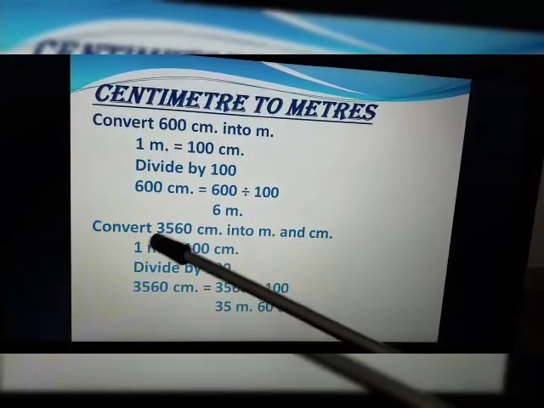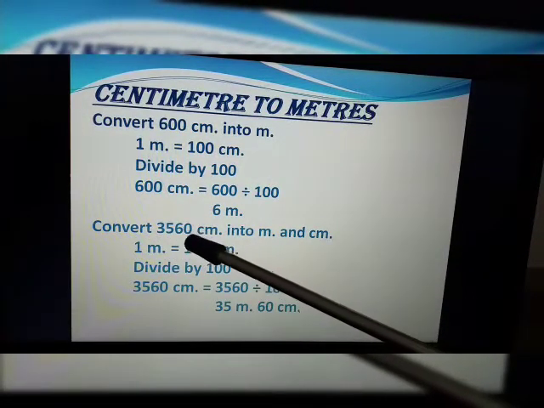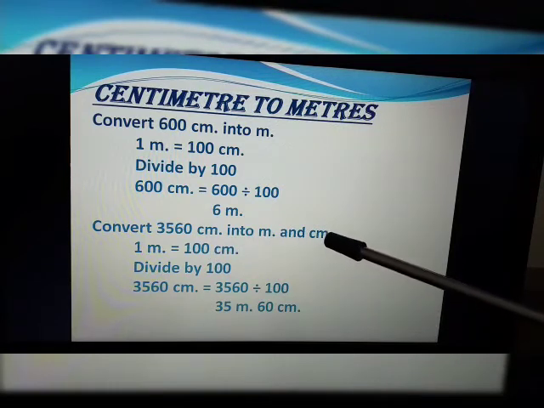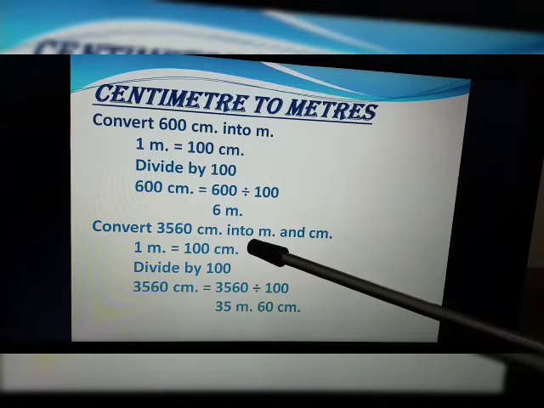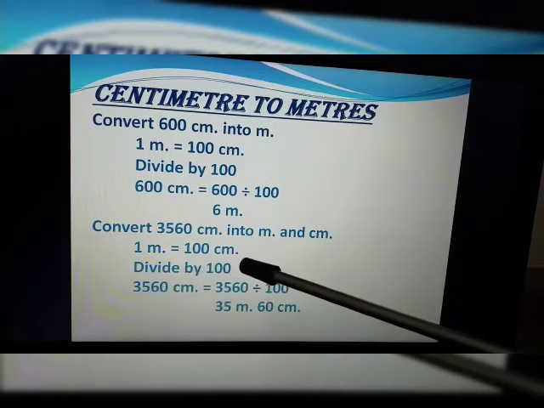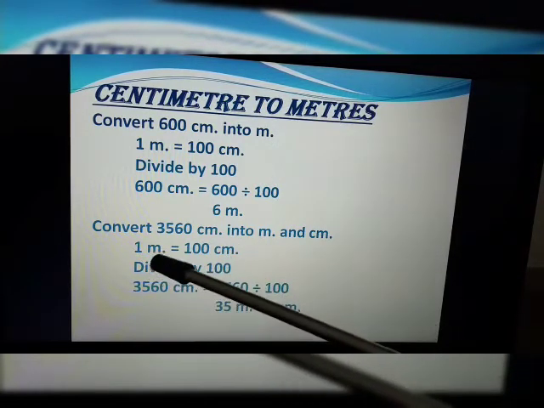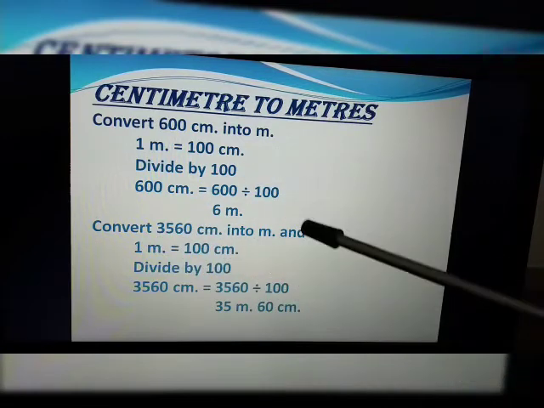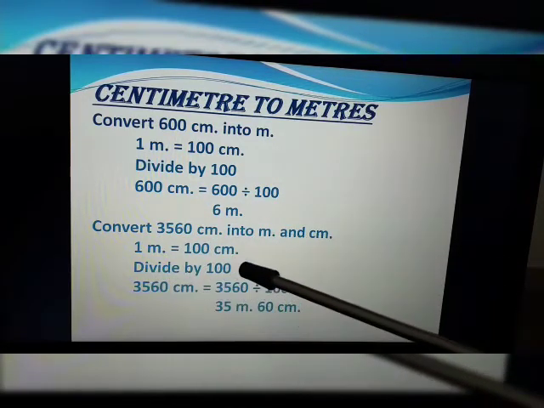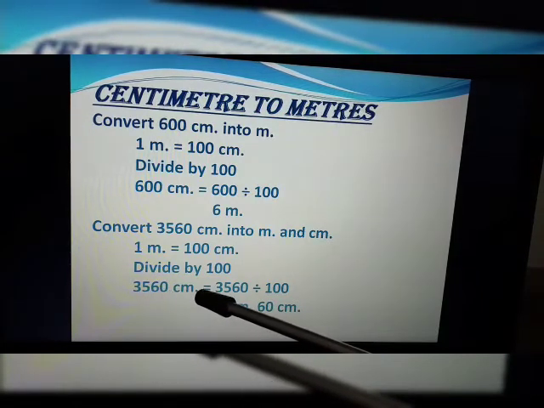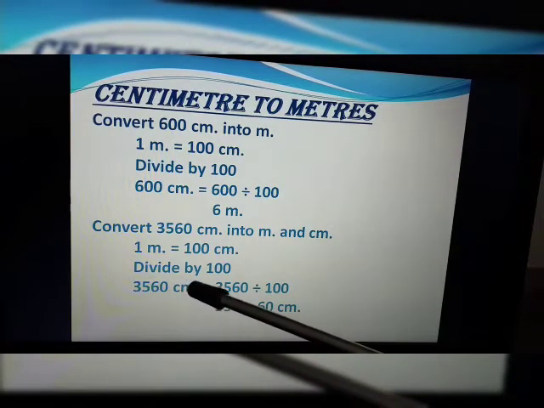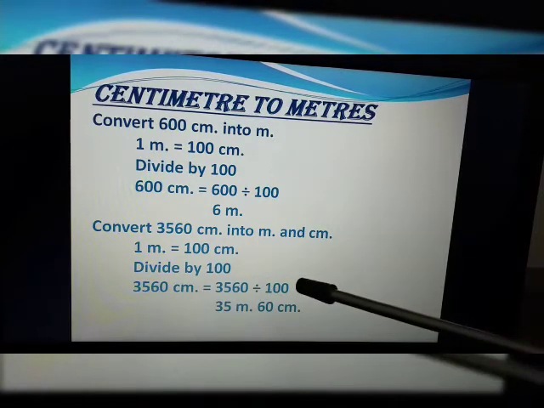Now next question, convert 3560 centimeter into meter and centimeter. Now again, as we know, 1 meter is equal to 100 centimeter, and we divide by 100, because to convert centimeter to meter, we divide the number by 100. So the question is 3560 centimeter, and we have to divide this by 100.